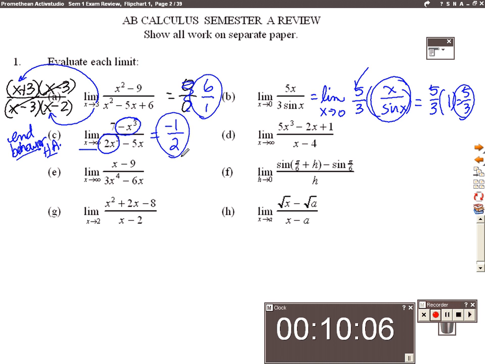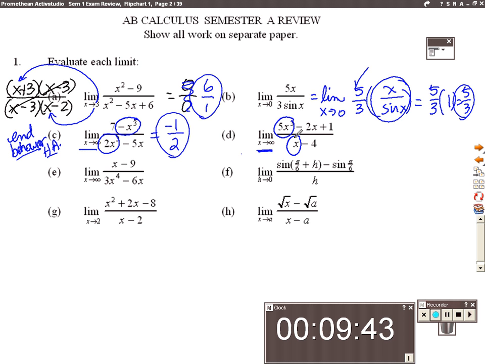Letter D is the same scenario. Again, we're approaching positive infinity. So we're going to look at the degree in the numerator and the degree in the denominator. The degree in the numerator is 3. The degree in the denominator is 1. So this would be a function that some people would call top-heavy.